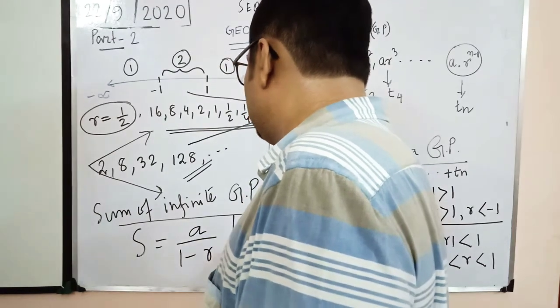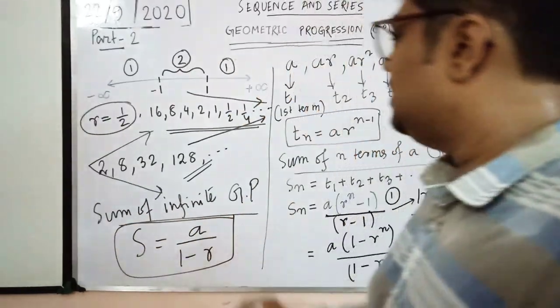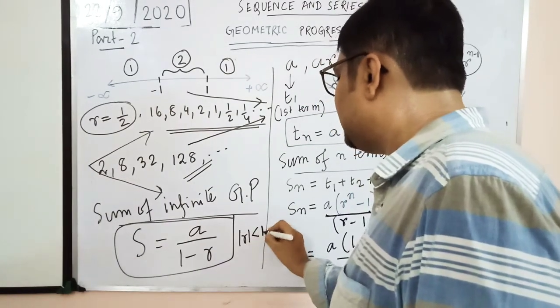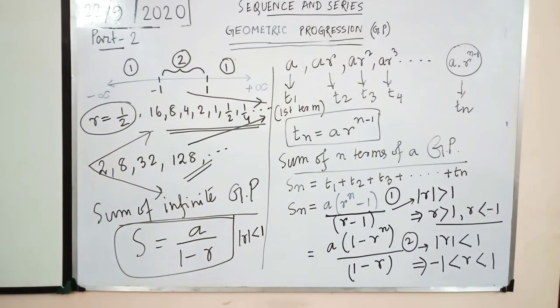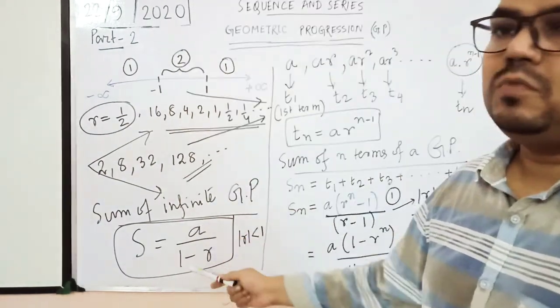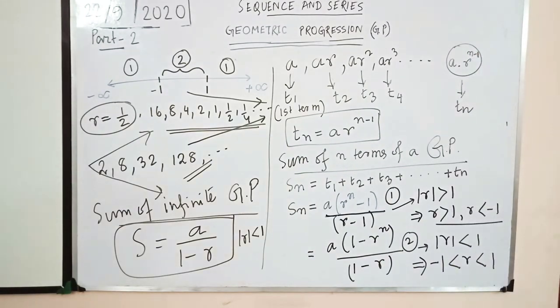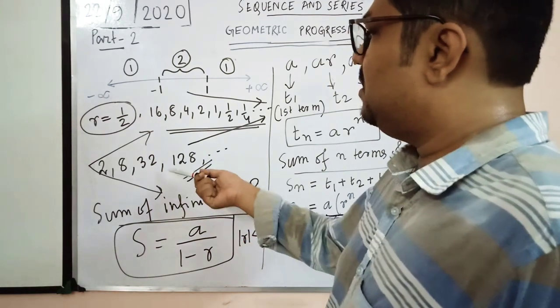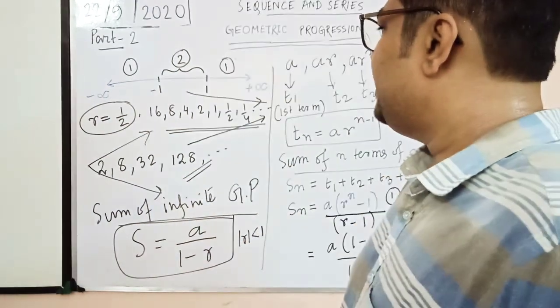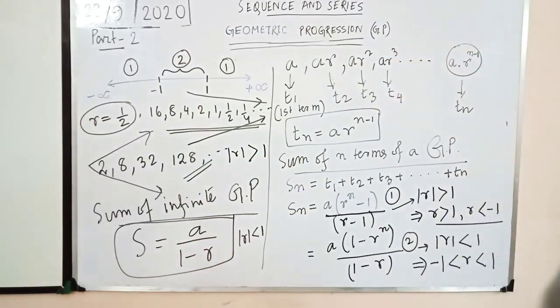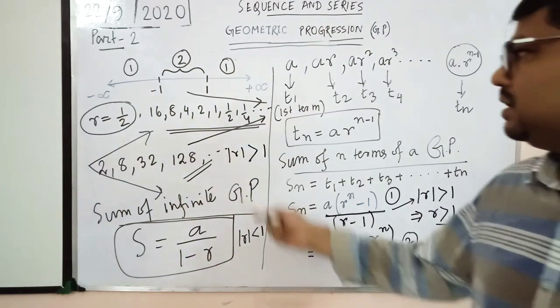This is a formula where, remember, mod r is lesser than 1. That means this formula is only valid for series where mod r is lesser than 1. You cannot use it for the second series where mod r is bigger than 1. It is not applicable there.